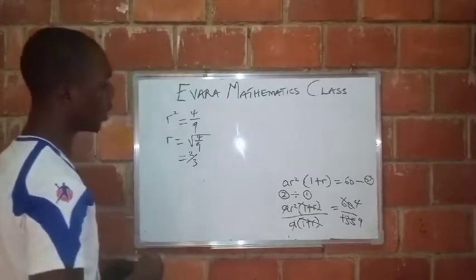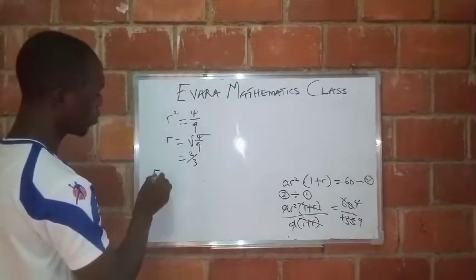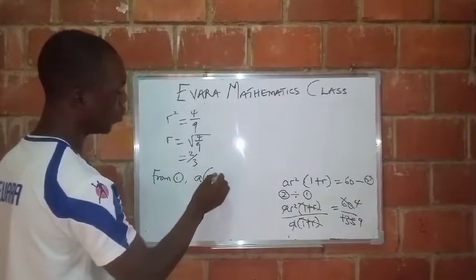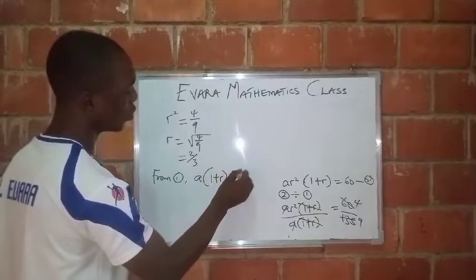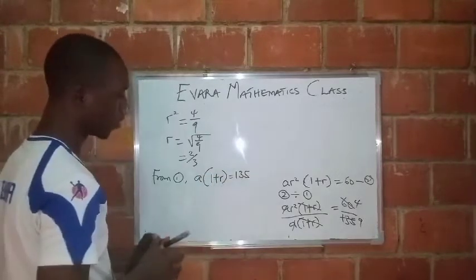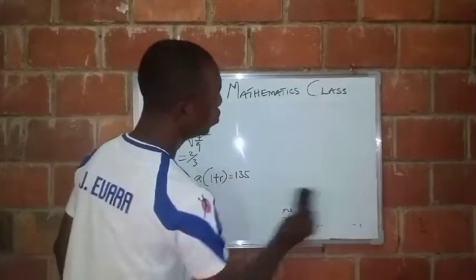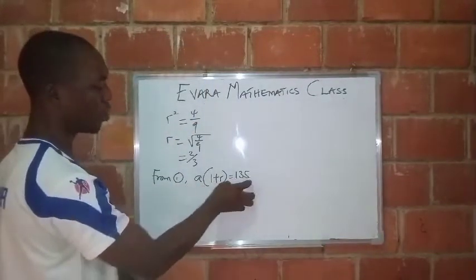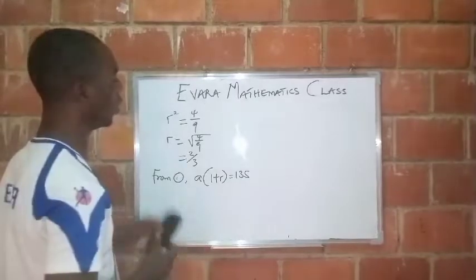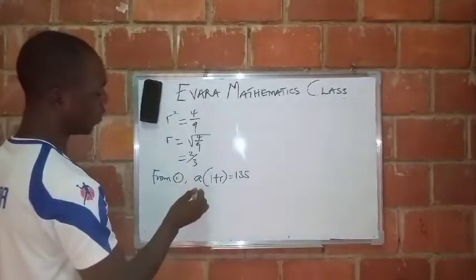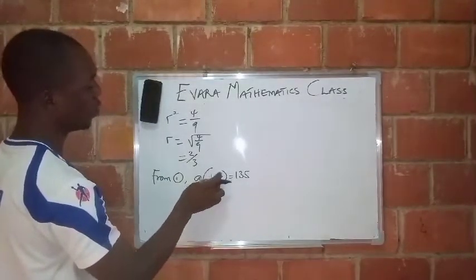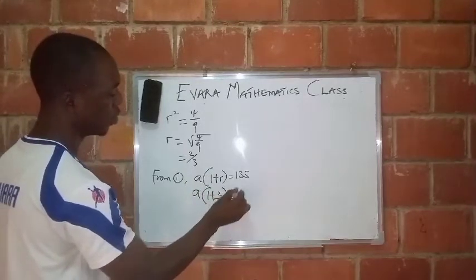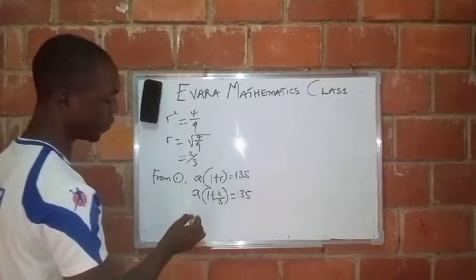Now from equation 1, we have that A into 1 plus R equals 135. We want to get the value of A now. That is A bracket 1 plus 2 over 3 equals 135.